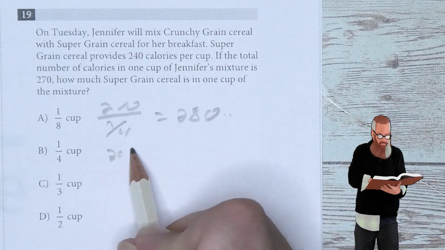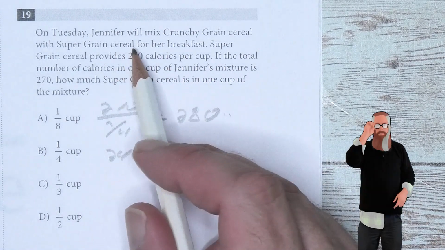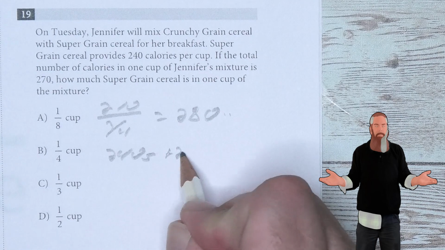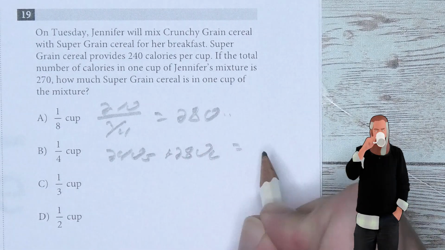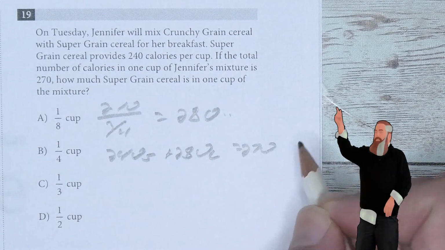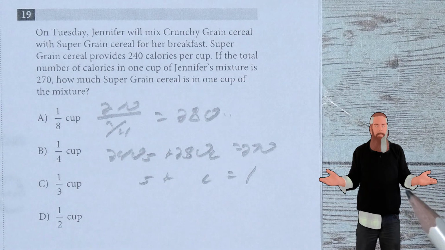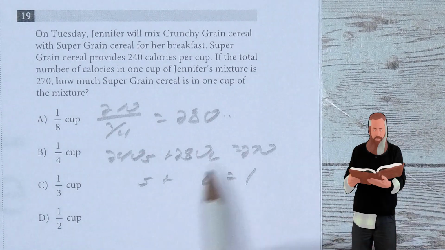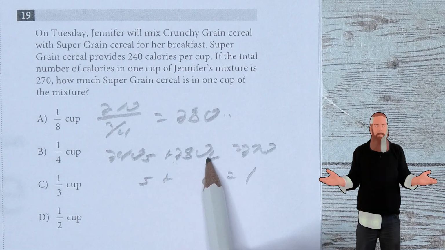So if we had 240 from S, from Super Grain, and we had 280 calories from C, Crunchy Grain, and we equaled 270 calories, where we know that S and C both made 1 cup of cereal. So we're going to multiply the bottom equation by a negative 280 to get rid of this 280C.